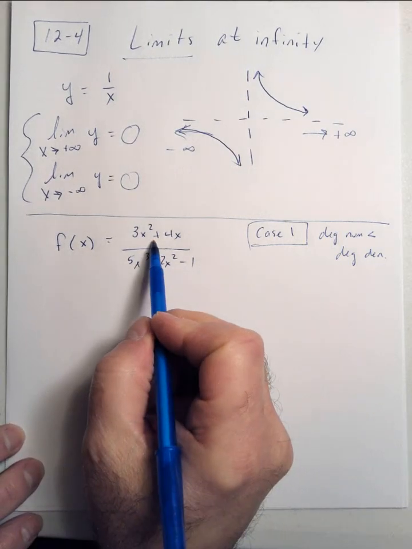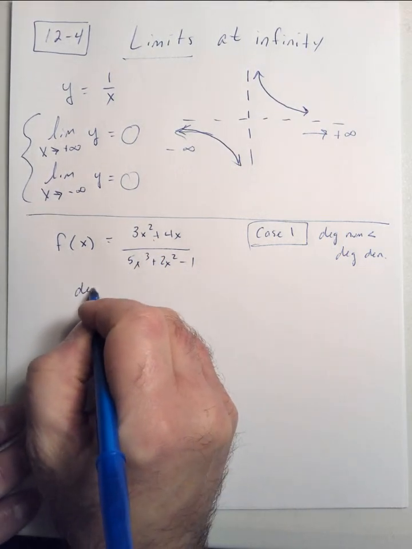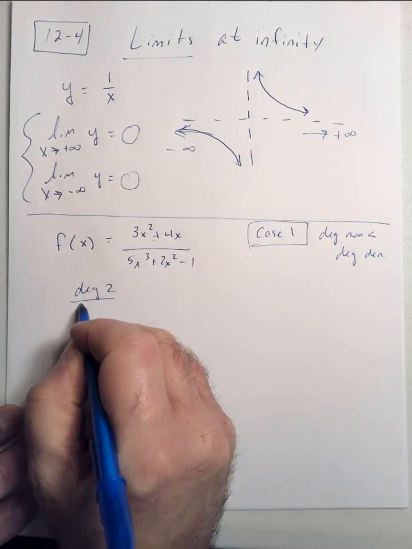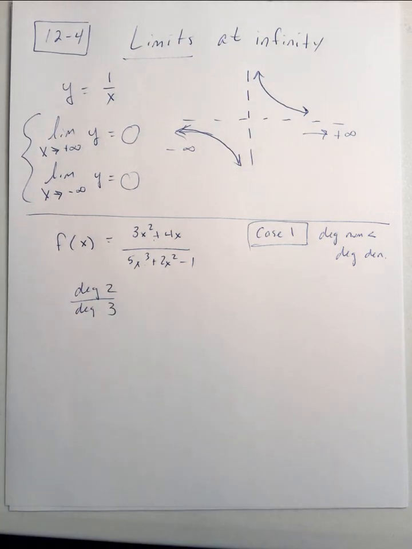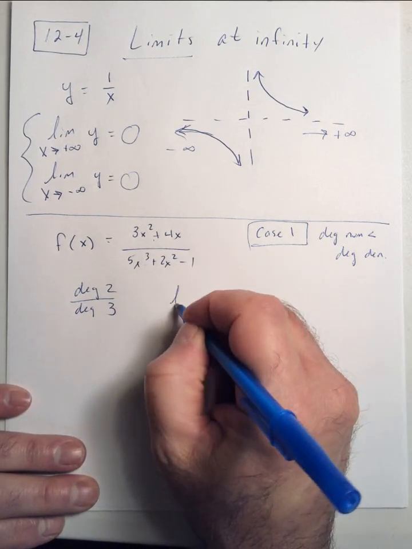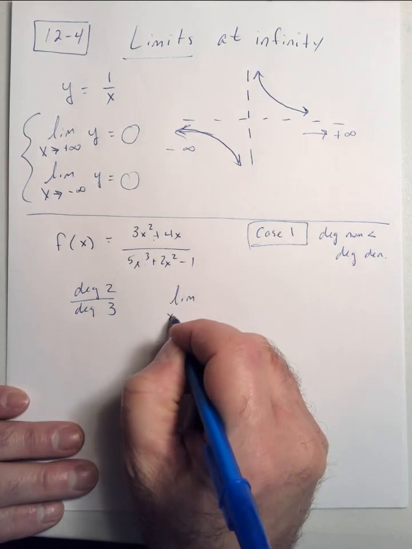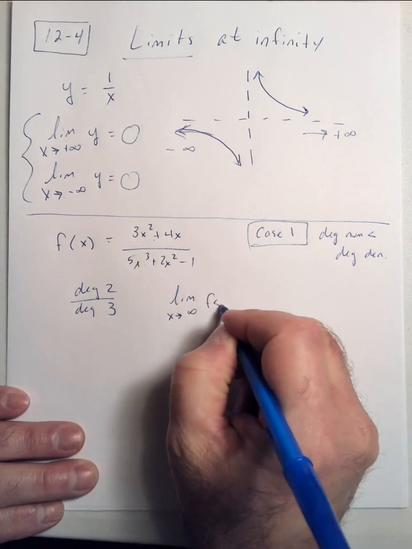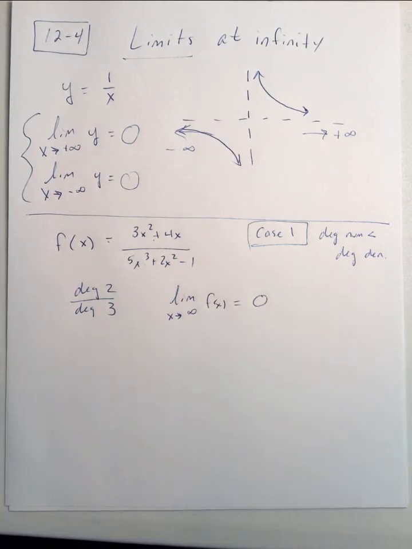My degree on top is a degree 2 over a degree 3. So when the degree on top is less than the one on the bottom, we know by rule that this has to go to 0. So the limit as x approaches infinity of f of x, in this case, is going to 0.